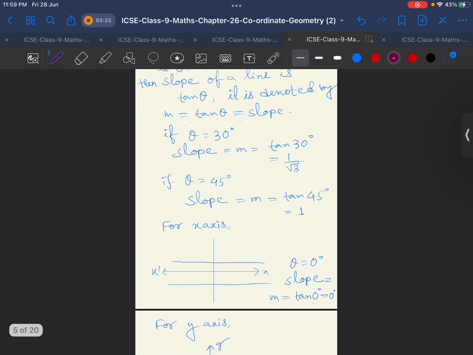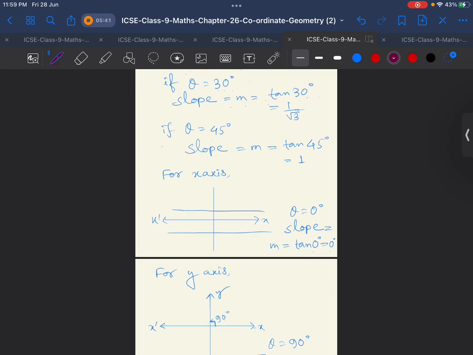If we take theta equals 30 degree, here inclination is 30 degree, then slope is m equals tan theta, here theta is 30, so tan theta equals 1 by root 3. If theta is 45 degree, then slope m is equal to tan of 45. We know tan 45 degree equals 1.